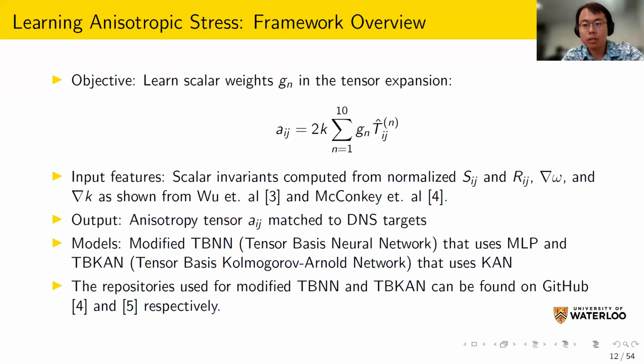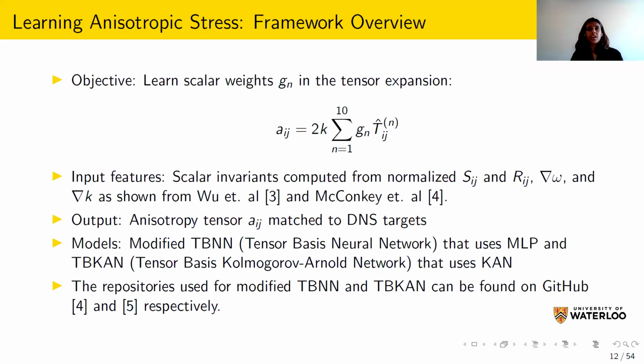Hi, I have a related question here. As you said, the input feature is calculated based on the converged RANS field, right? Converged RANS simulation, and the output is coming from the DNS. And I guess the mean velocity of the RANS and the DNS are somehow different, right? Yes.